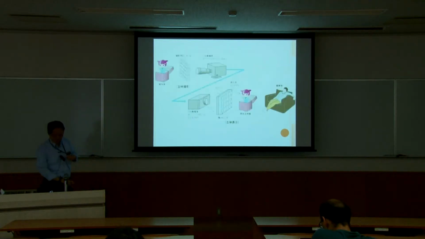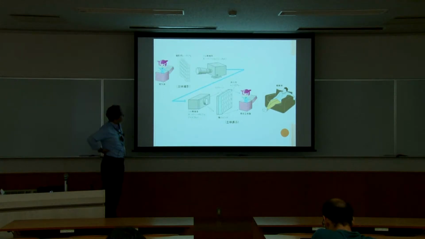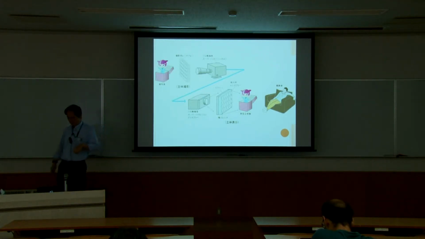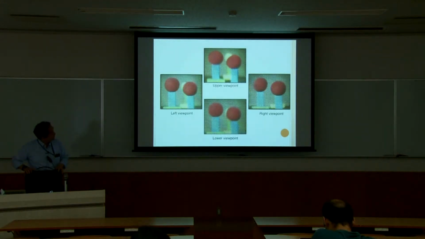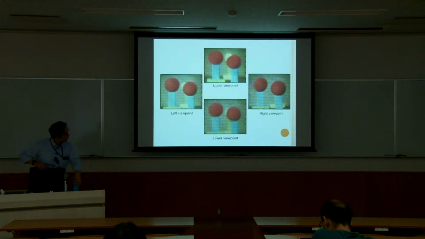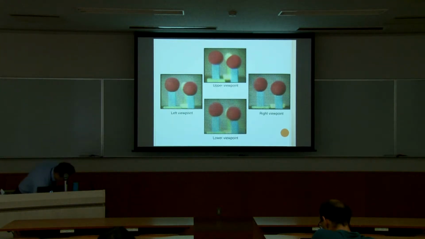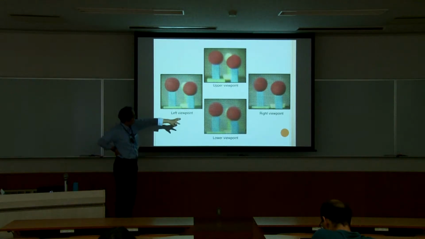But now they still continue 3D imaging based on integral photography. This figure is from NHK's leaflet. The image is like this: you can see a left viewpoint image from the left side, and a right image, upper image, and lower image.